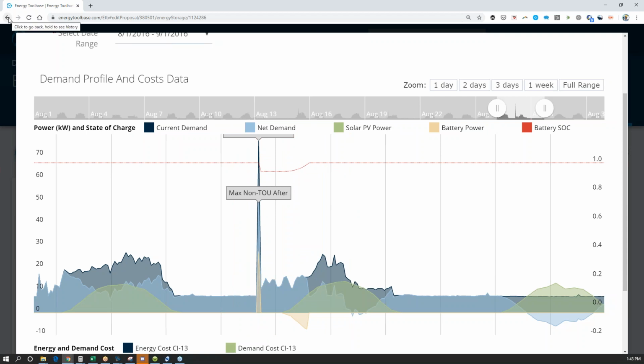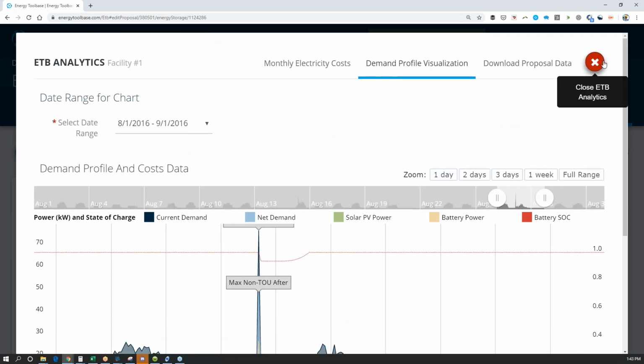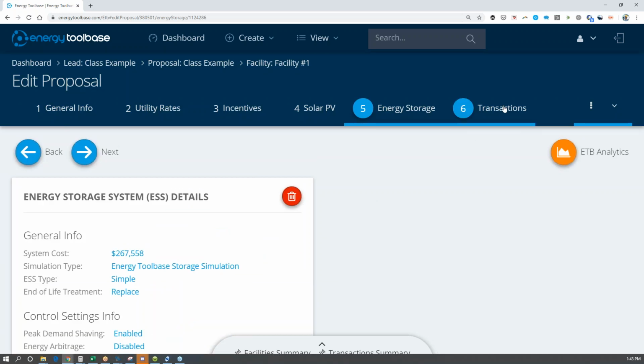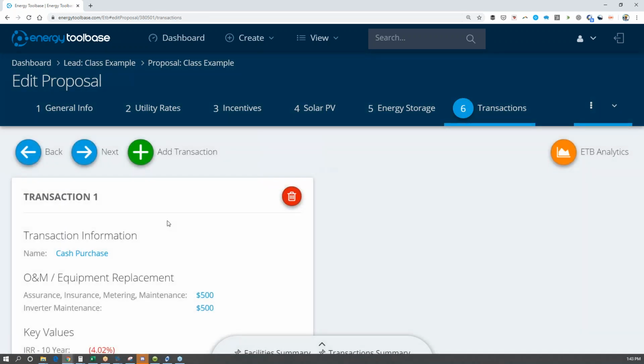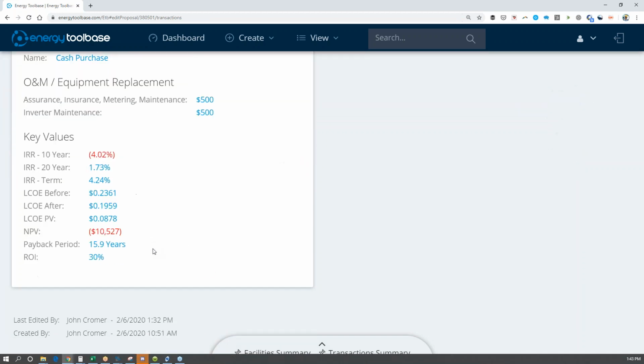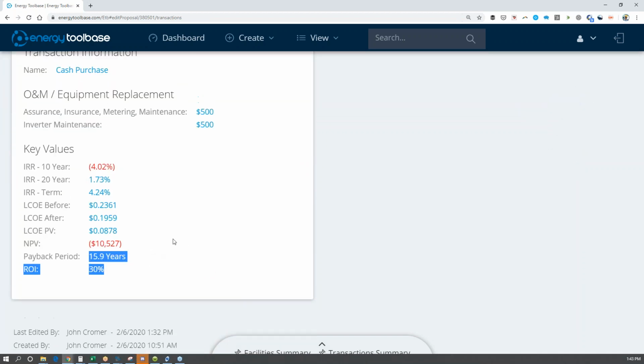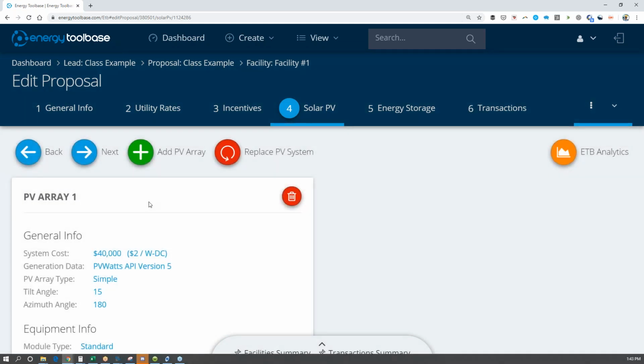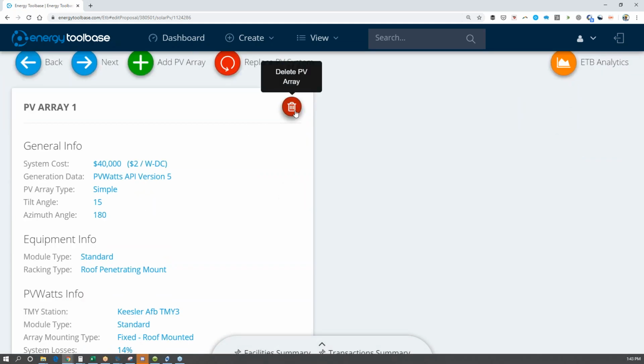So let's get back into changing some variables around. At the end of the day, based on our energy transactions, we're seeing that our array has a 16-year payback. So the first thing we want to do is get rid of the solar array.